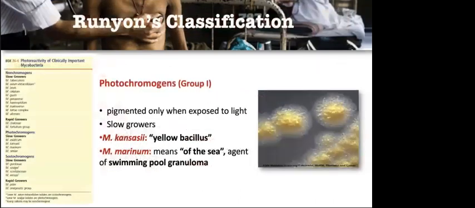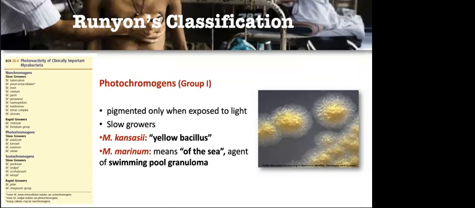Then we have the other species of Mycobacterium, those that are not clinically significant. So those that are not tuberculous, Mycobacterium other than tuberculosis or MOTT, or non-tuberculous Mycobacterium or NTM.